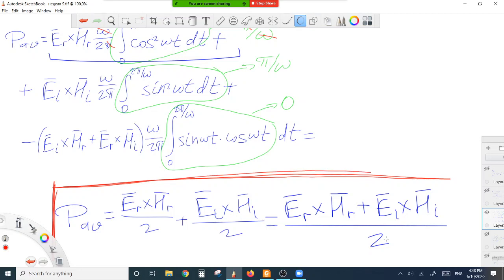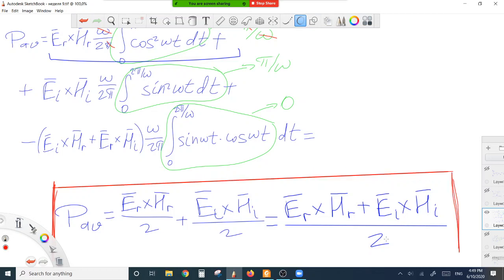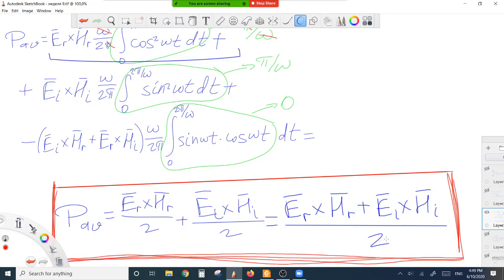So we have found the time averaged Poynting vector of our problem.